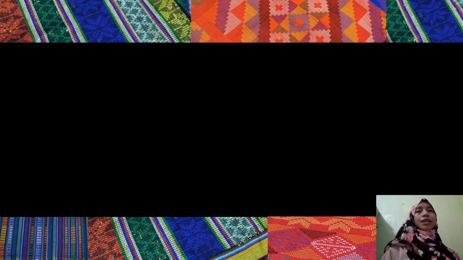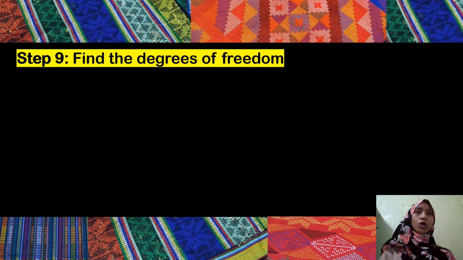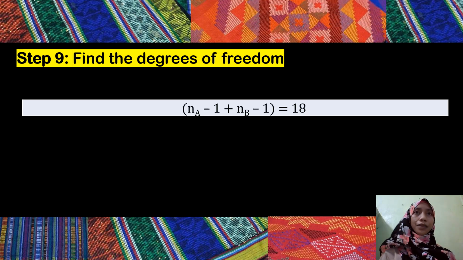But that doesn't end there. Step 9 is to find the degrees of freedom. So again, degrees of freedom is subtracting 1 from each of the number of samples. So the degree of freedom that we have is 18.